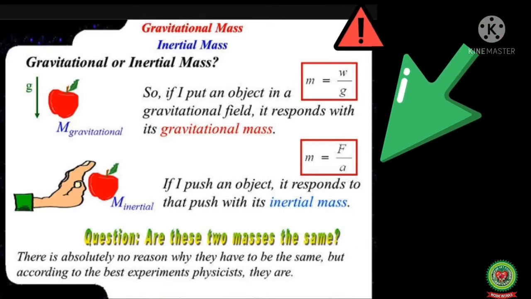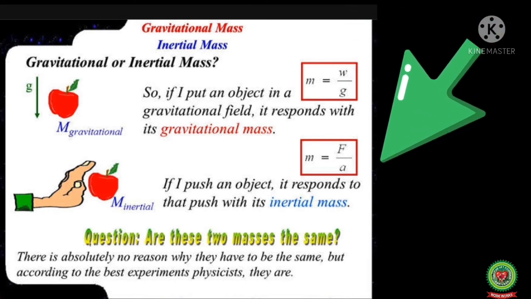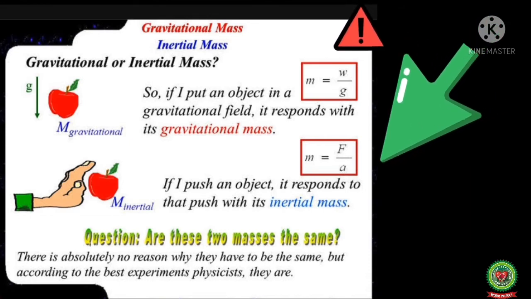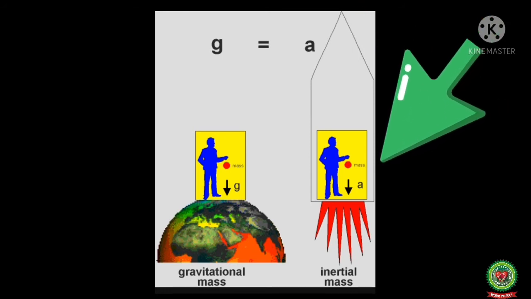The mass of a body, which determines the gravitational force of attraction due to Earth, is called gravitational mass. Inertial mass: the mass of a body which measures its inertia is called inertial mass. It is proportional to the amount of matter contained in the body.